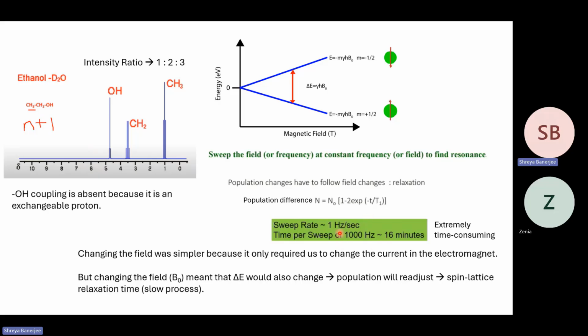So to cover 1000 Hertz, it will take 16 minutes. So to get one particular spectrum, you take 16 minutes, which is very time consuming. So this is a very time consuming process where you take 16 minutes to get one particular spectrum.